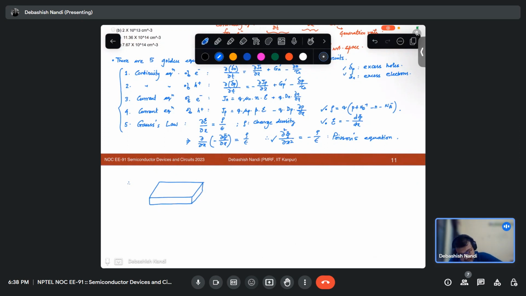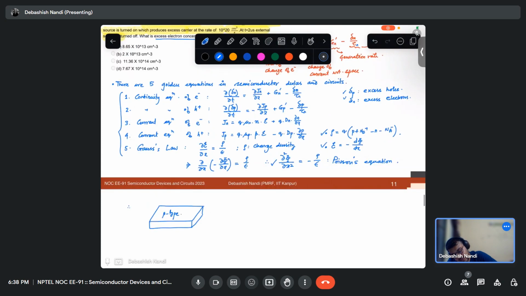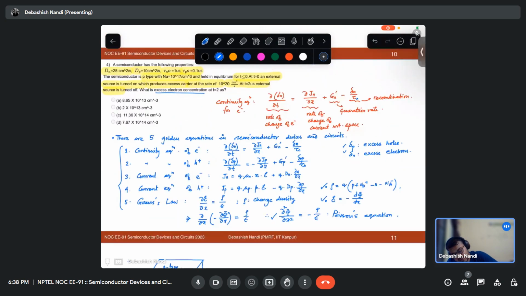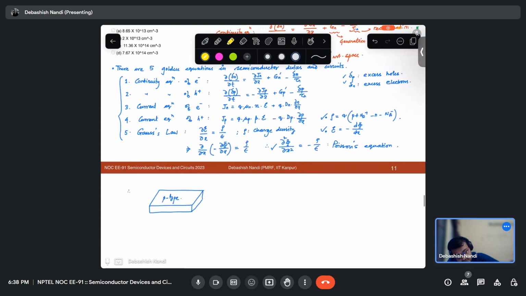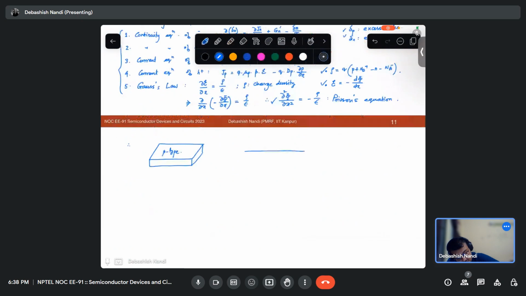Okay, so this is a P type semiconductor. Read the question very carefully. It is mentioned that a p-type semiconductor is held in equilibrium for t less than 0.